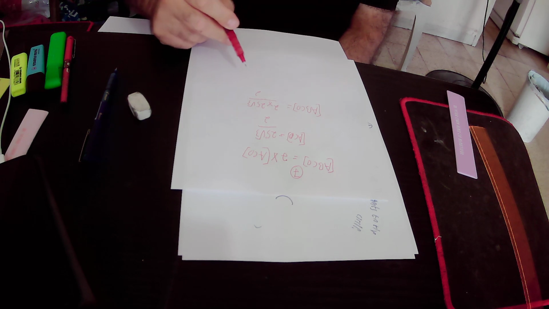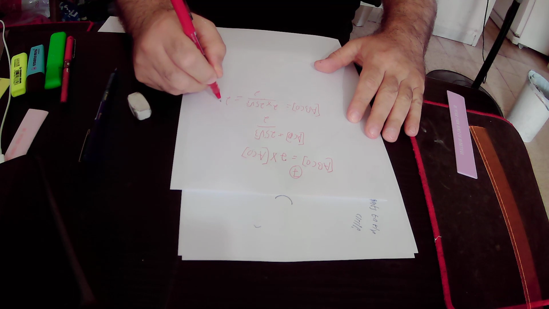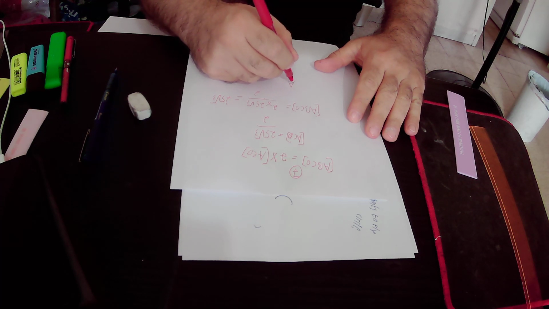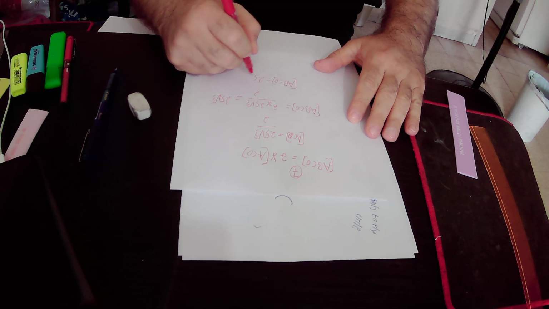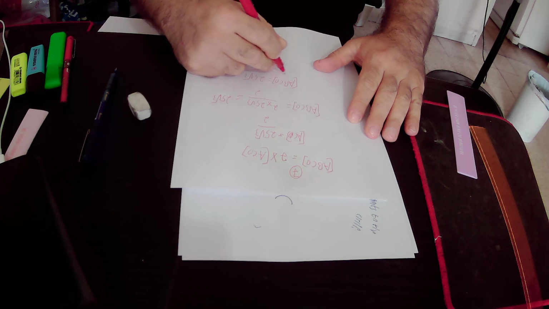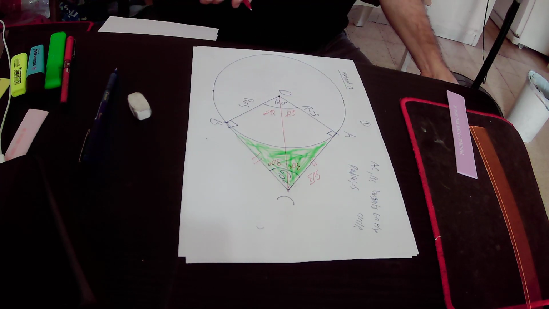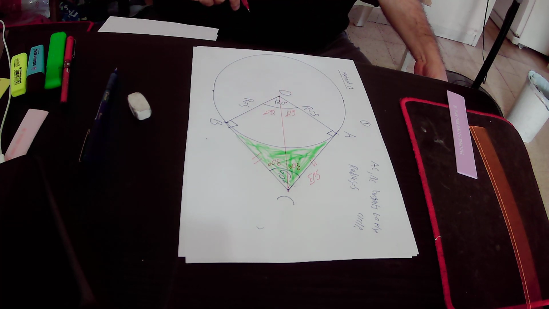So 2 over 2 is 1, so we get that the area of quadrilateral ABCO equals 25 times root 3 units.